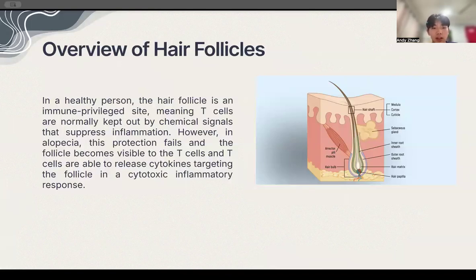However, in alopecia, this protection fails and the follicle becomes visible to the T cells, and T cells are able to release cytokines targeting the follicle in a cytotoxic inflammatory response, which means that the T cells will be able to kill the hair follicles, which will lead to hair loss. And in this diagram on the right, you can see the structure of the hair follicle within tissue.